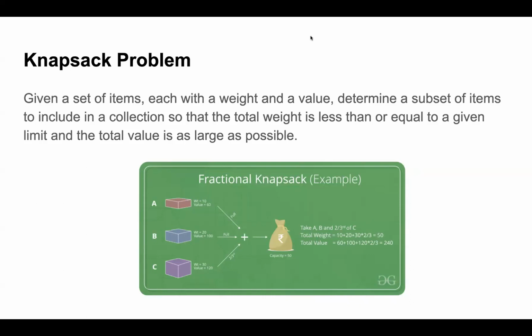Total will be 240. Getting why we are moving towards the fractional knapsack? Simple knapsack problems are there, but we are moving towards fractional knapsack for the sake of getting maximum profit.